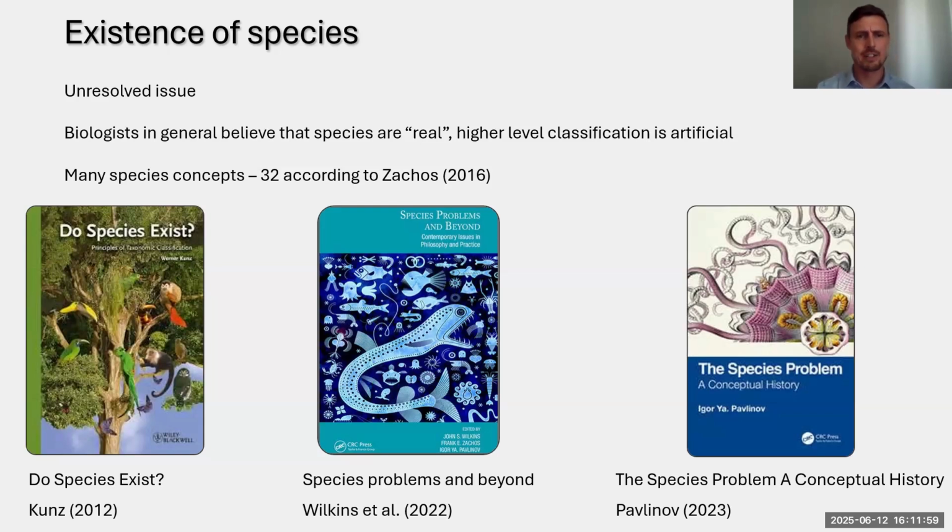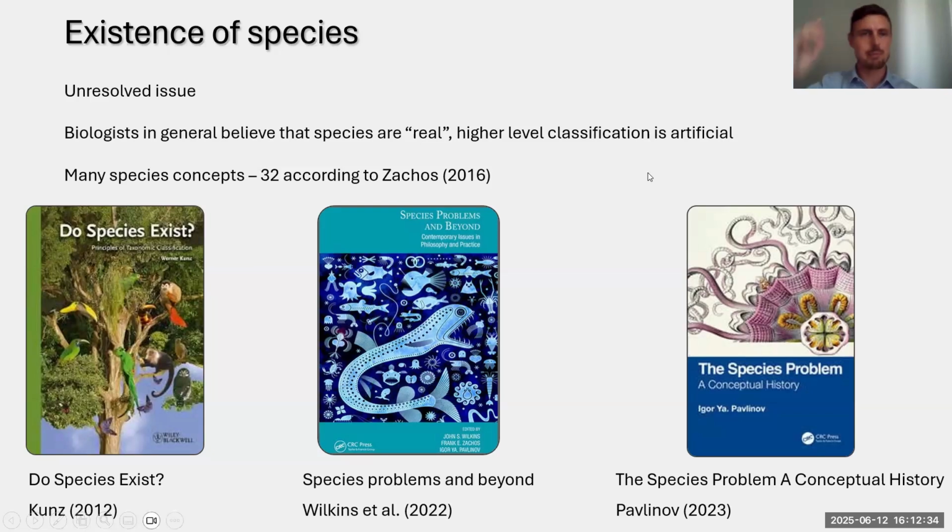I just mention several recent publications which are really interesting and get really deep into this topic, and I recommend them to anyone working in taxonomy, to understand, at least to some extent, that there is also this level of problems in taxonomy.